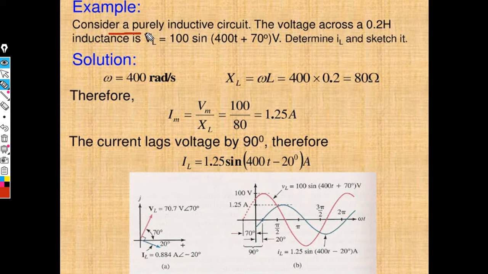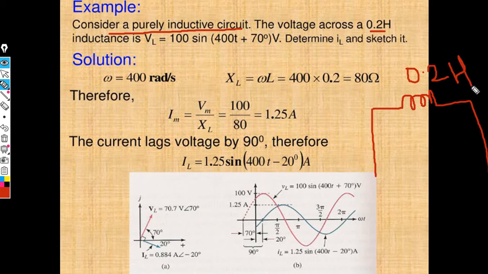Let's consider a purely inductive circuit. We have shown one diagram, and the inductive coil is connected. The inductance of the coil is 0.2 Henry.